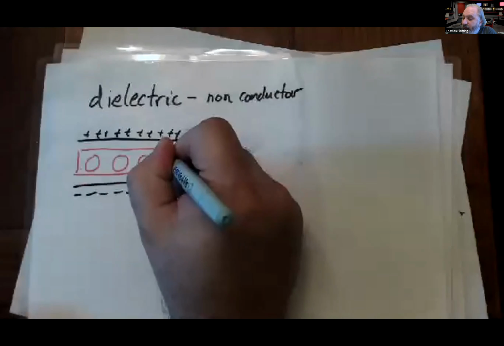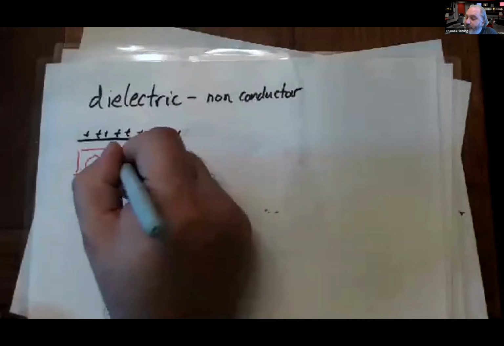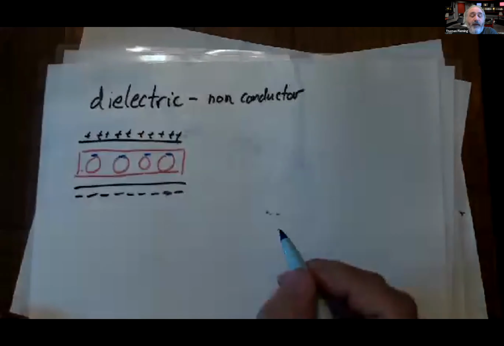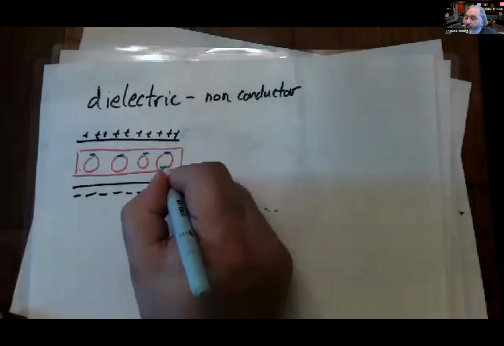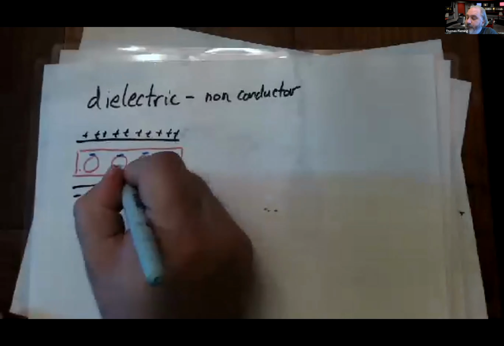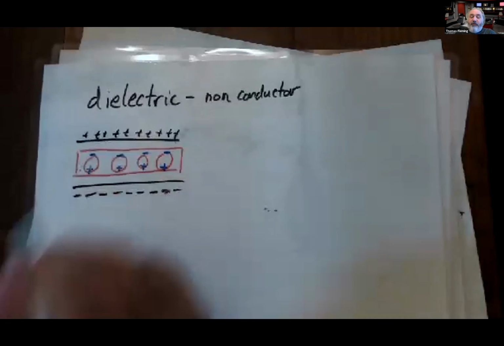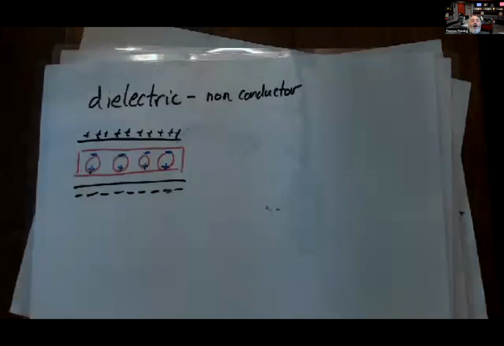So this will be a little bit more negative. The positive parts of the atoms are going to get pulled a little bit more toward the negative plate. So each atom is going to acquire a small dipole moment.